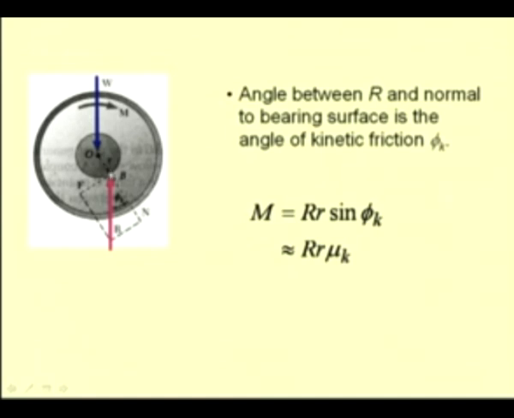This is nothing but the horizontal distance of displacement of this point of contact B. So, this distance is r sine phi k.